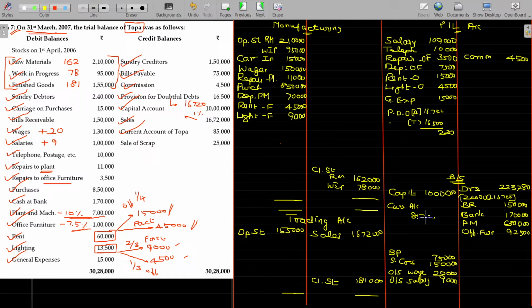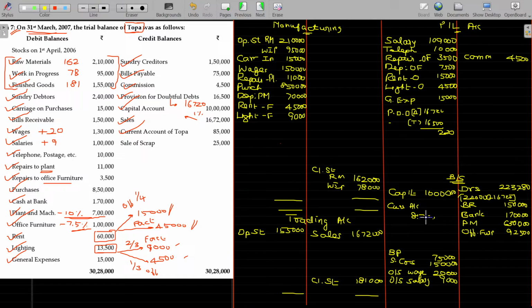You might have studied in partnership at your +2, fixed capital and fluctuating capital. In case of fixed capital, the original capital invested will be kept separately as fixed capital. Subsequent years' transactions like drawings, further investment, interest on capital, salary, everything will be routed through another account called current account.